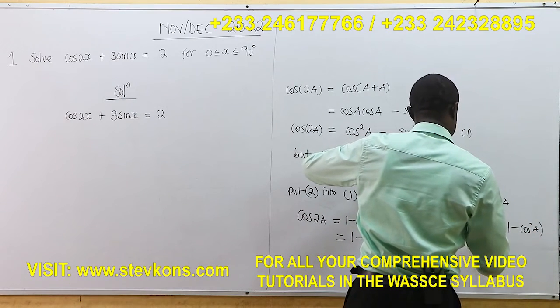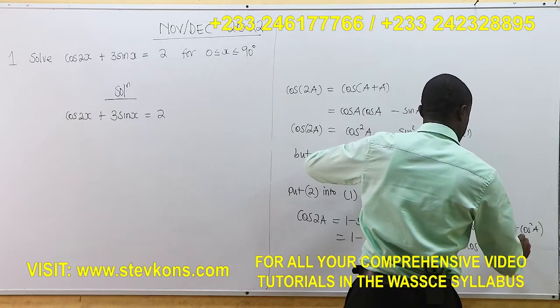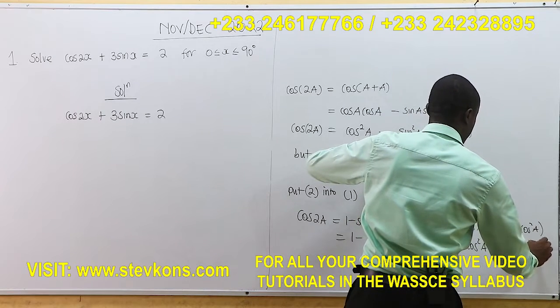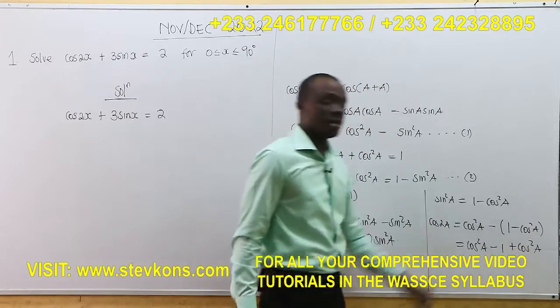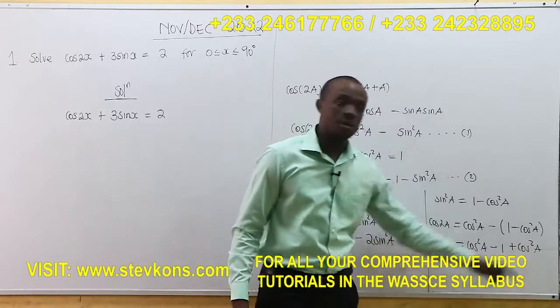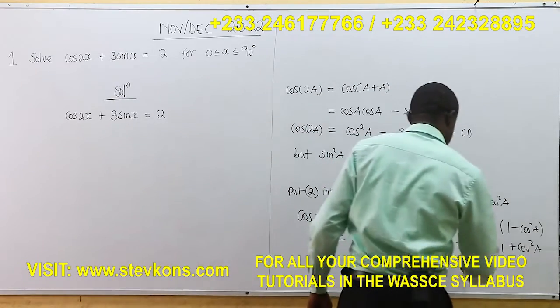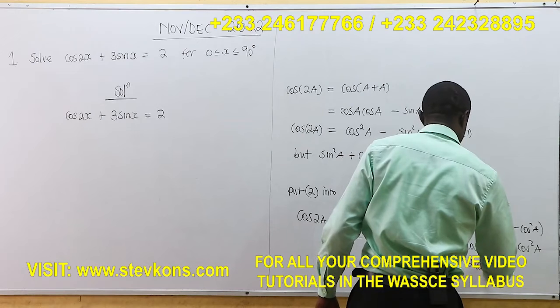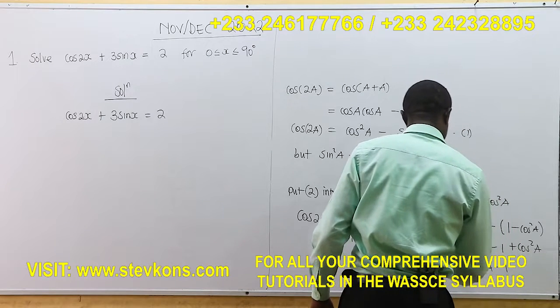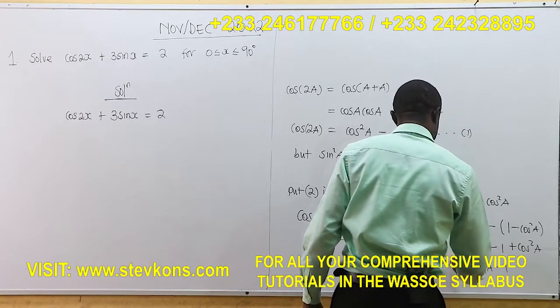It is the same as cos square a minus 1 plus cos square a. Negative times negative is positive. Cos square a plus cos square a, and this is the same as 2 cos square a minus 1. So that is cos 2a.